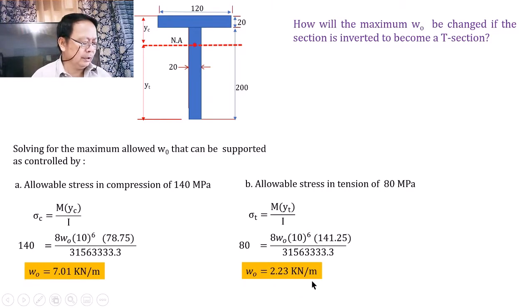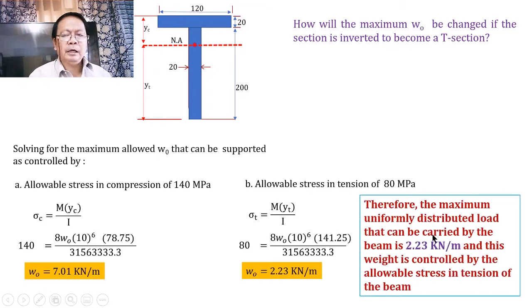So, with these two values that we have when the section is inverted and becomes a T section, the maximum permissible distributed load that can be carried will only be 2.23. And this weight will be controlled by the allowable stress in tension of the beam. You will notice that there are times when compression is controlling and times when tension is controlling.